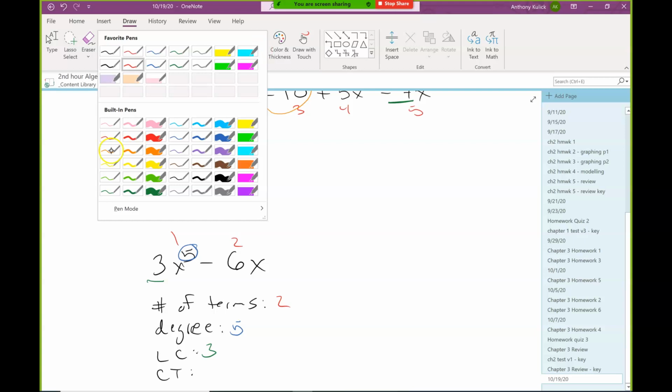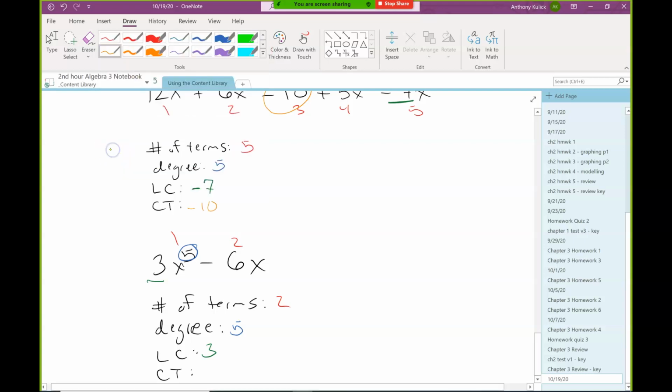0 is correct. Why is the constant term 0? Isn't this still the same thing if I write a plus 0 at the end? I haven't changed anything, right? Is 0 a monomial? Yeah, because we said just a regular number is a monomial. So is there always a constant term?